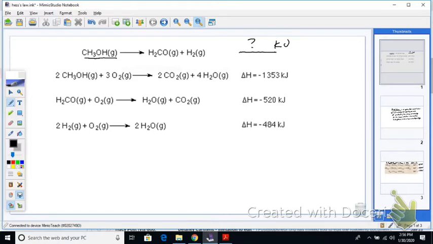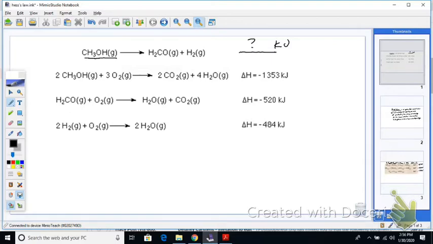Okay, so it's in the first one. Is it in any others? No. Okay. So you leave this one the way it's written. You'll see what I mean here in a second, how we can change it around. So we look at that one. That one's good. They're on the same side. You want them on the same side. You want whatever reactant you have in the overall reaction on the reactant or product side, and they have to be on the same side.